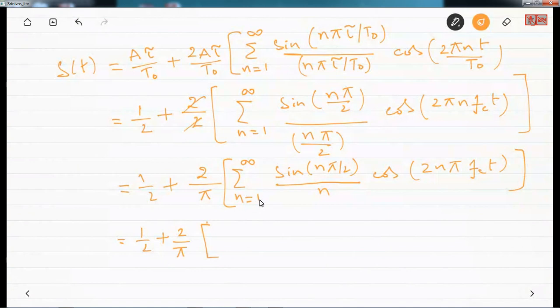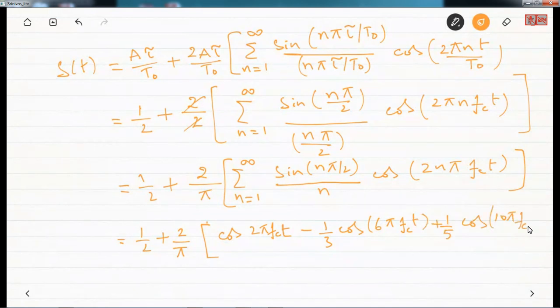So what I'm trying to say is, this will be cos 2 pi fc t minus 1 by 3 cos 6 pi fc t plus 1 by 5 cos 10 pi fc t, minus plus minus plus.